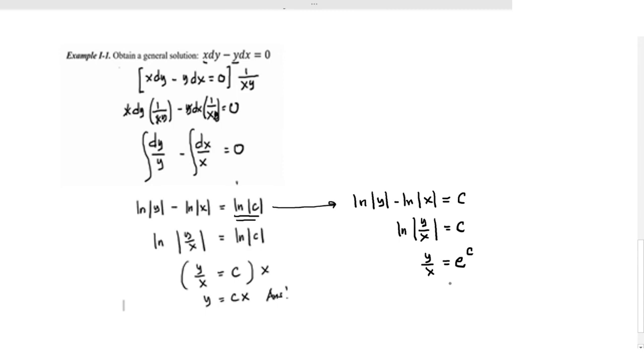Take note, e raised to c is still a constant. Therefore, this can still be written as the letter c. So we have y over x is equal to c. So this is now our answer, which is equivalent to our previous answer.